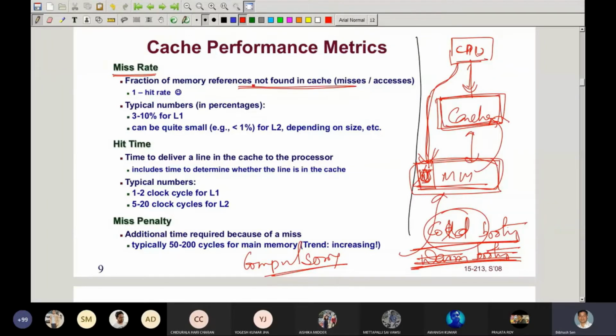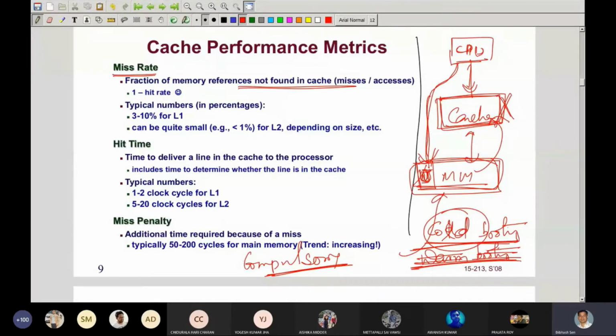Can you tell me in which situation you will every time find the compulsory misses? Sir, in case we are searching for something for the first time. First time. And generally, you know that after the cold booting process, there will be no content in the cache, or in the very beginning, when you start executing the first process, there is nothing in the cache.